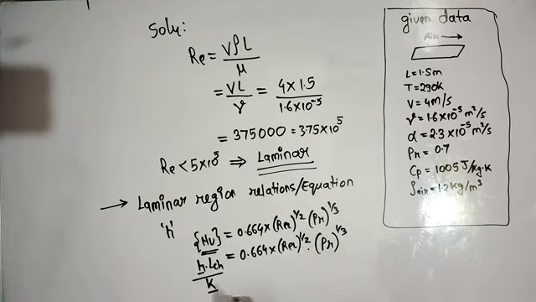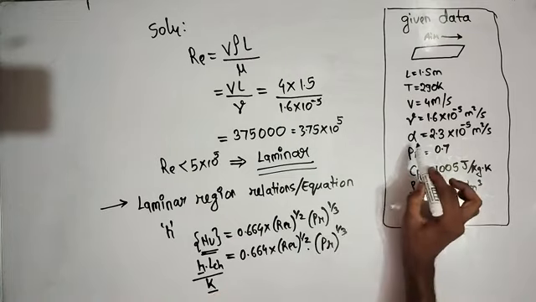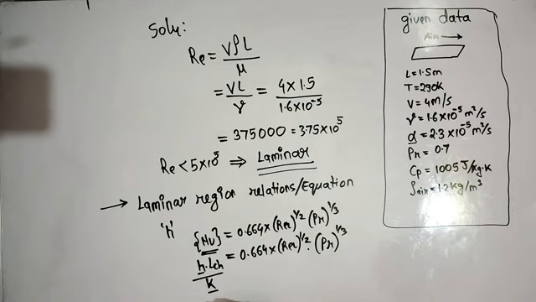As we are not provided with thermal conductivity, we have to use thermal diffusivity by converting K into alpha rho Cp. So this is the relationship between thermal diffusivity and thermal conductivity.